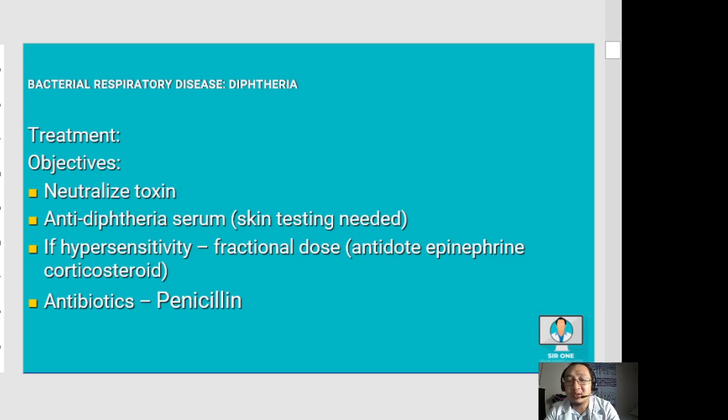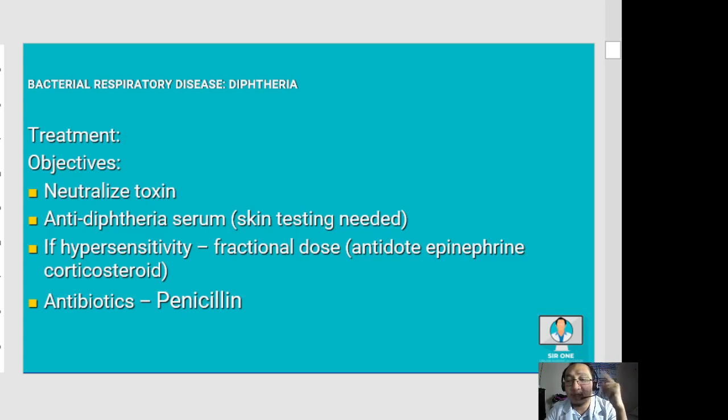And this is supportive care. Nutrition is emphasized, fluids and electrolytes are also emphasized, and bed rest, to decrease oxygen demands and further decrease chances of complications. If it worsens, oxygen administration is needed, and if there is a severe obstruction or a higher chance of obstruction, a tracheostomy set should always be ready.